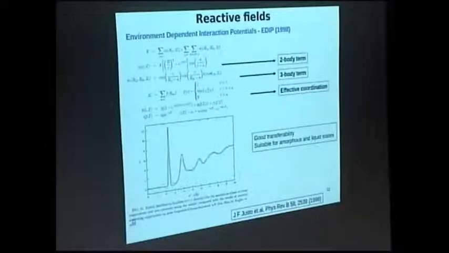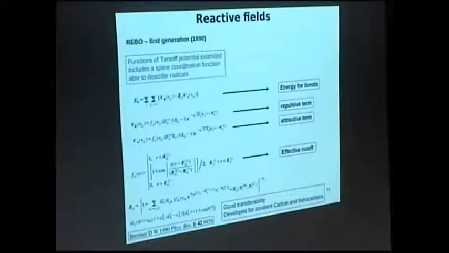But coming back in time, one of the greatest potentials that appeared was the Rebo. Right? Then you see that here, again, the same structure used by Abell and Tersoff. We have a repulsive contribution and an attractive contribution, and B, that would be the bond order term.